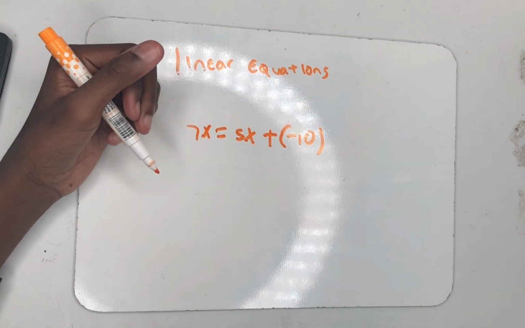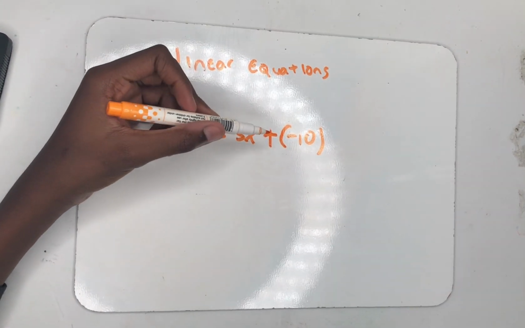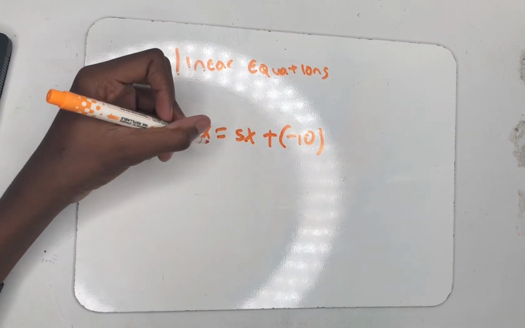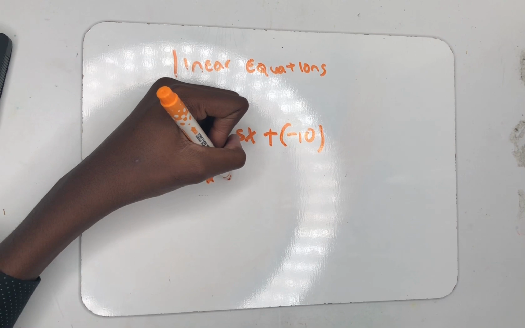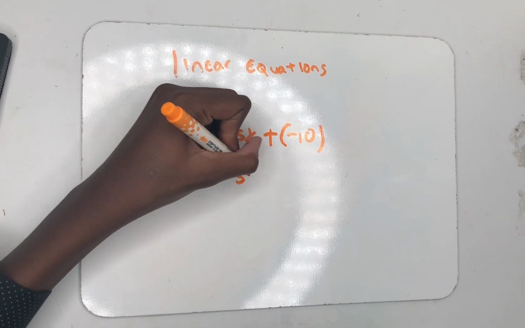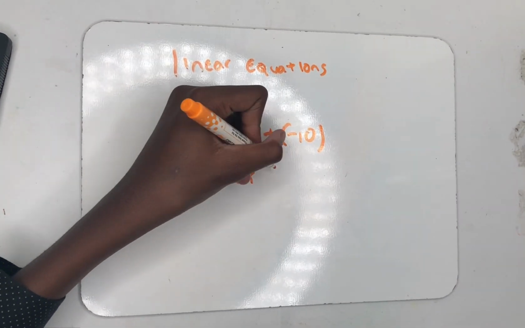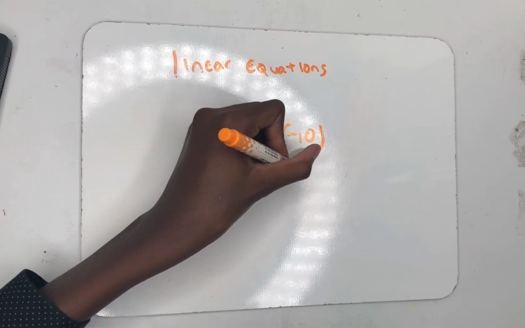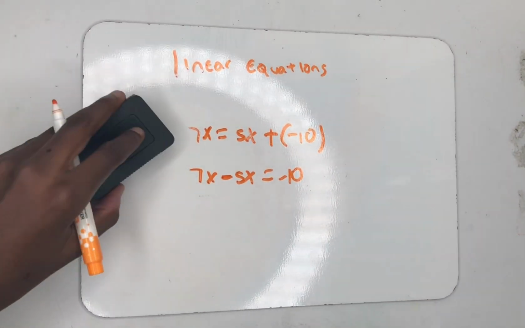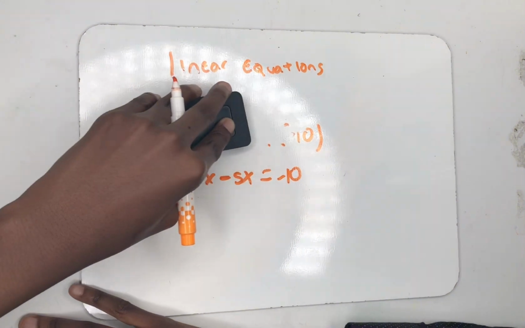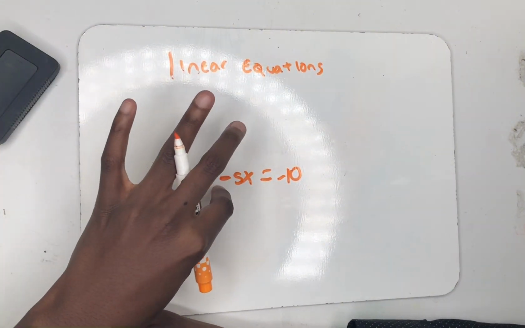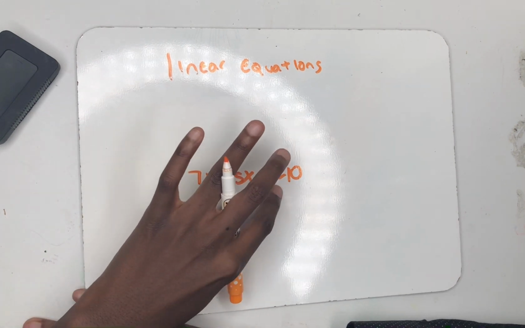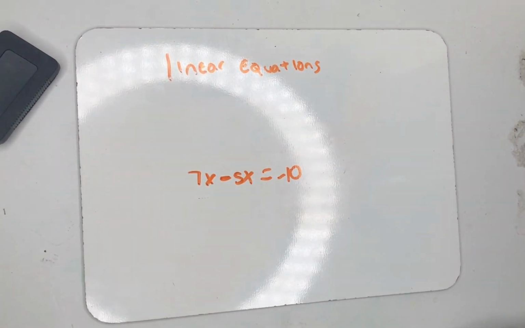So let's take away the parentheses and make it 7x minus 5x, because plus and minus will go together, equals negative 10. I just rearranged it like that because the plus and minus and the parentheses don't go together, which gives you a minus and then an extra minus, because it's a minus negative 10 to begin with.